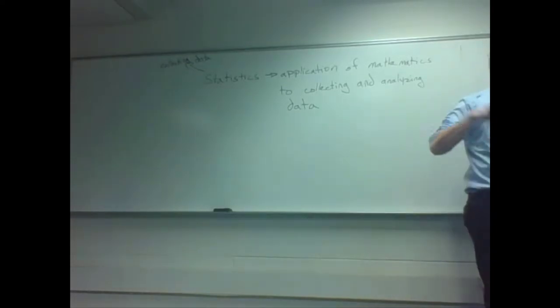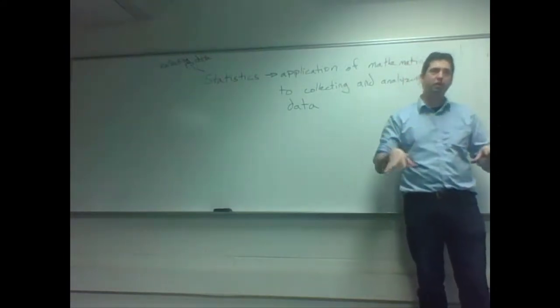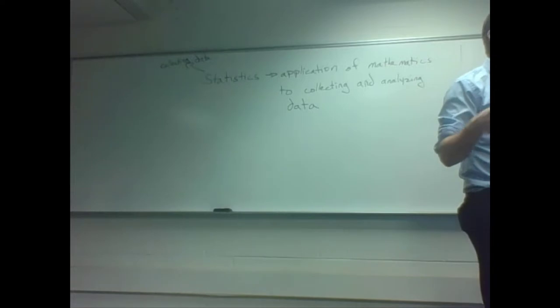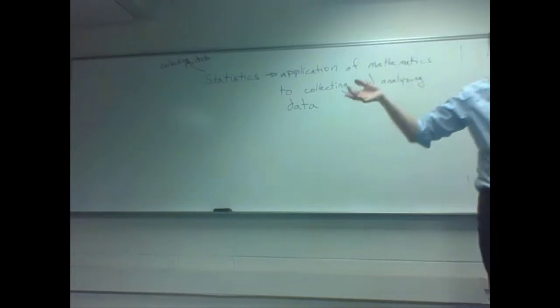Let's take a moment to appreciate how big of a deal this is. Normally when we work with data, in experiments, it's a pretty straightforward thing. We're trying to figure out if a drug works or not.